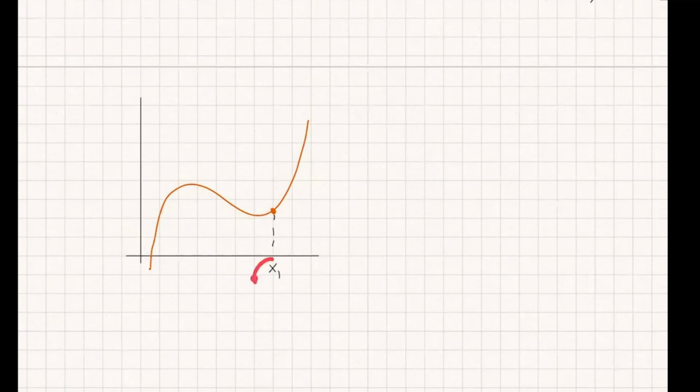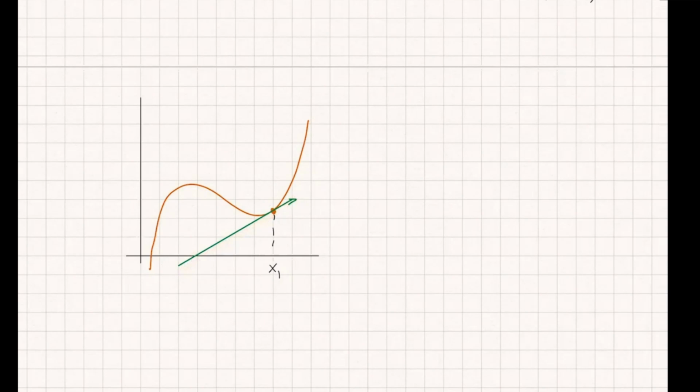However, if I pick a point x1 randomly to be, let's say, this one, and then I draw a tangent line through this point, it would be something like this, right? So if we extend it, because for the next iteration we need this line to touch the x-axis.